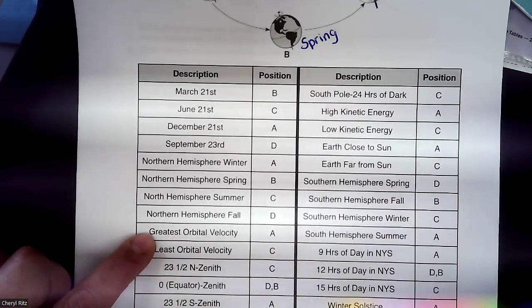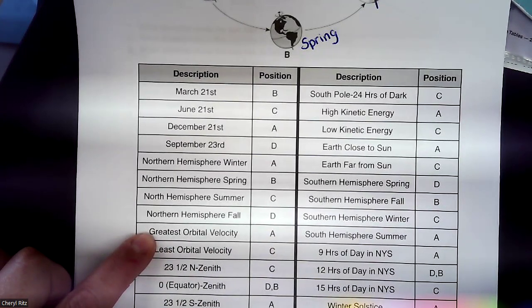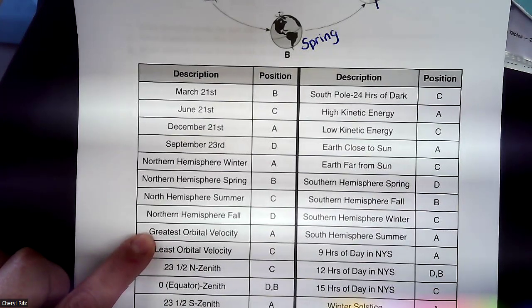Now, how about this? How do you know where in its orbit is the greatest velocity? Not answering with the letter, I'm asking a review question here. Where in its orbit does the planet go the fastest? When it's closest to the sun.